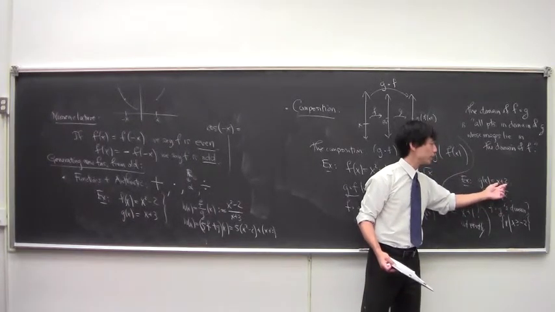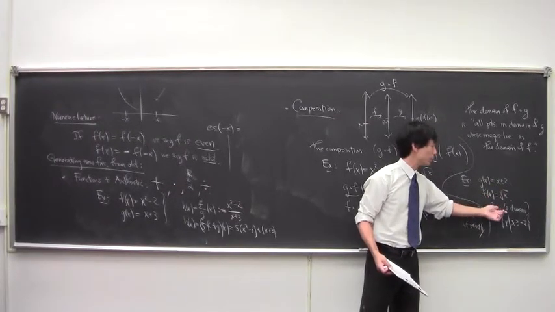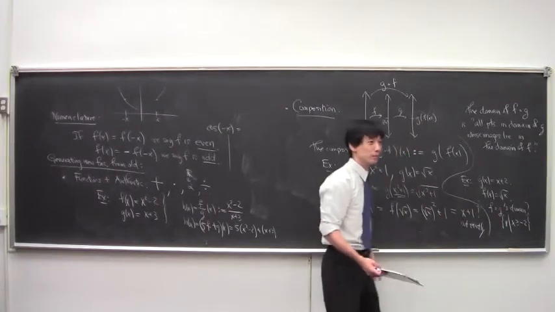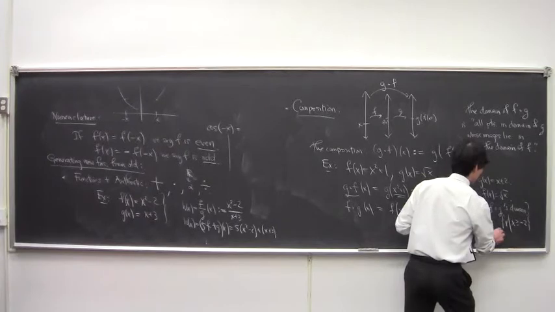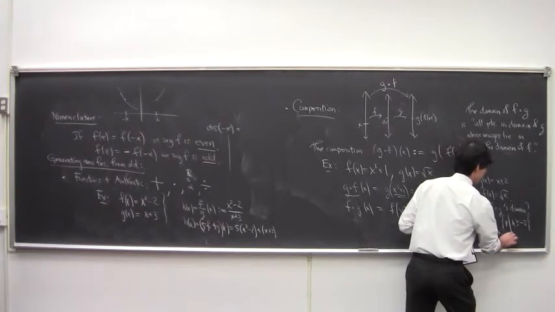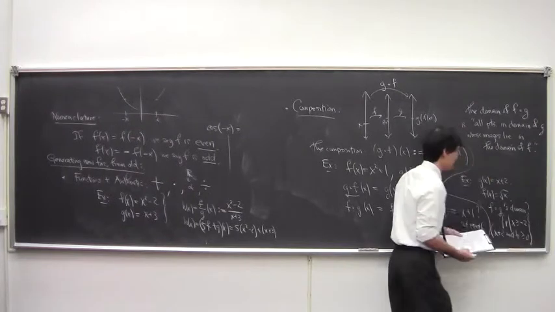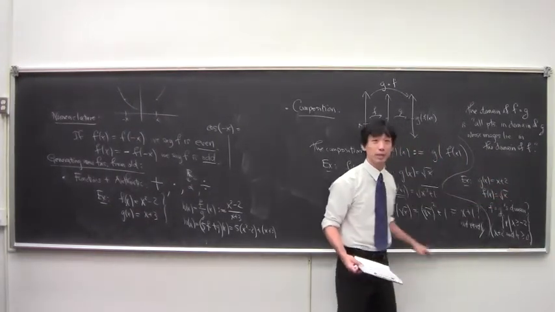So x plus 2 must be greater than or equal to 0. In other words, x must be greater than or equal to -2. Okay, so it's simple. The output here must lie in the domain of the second function.